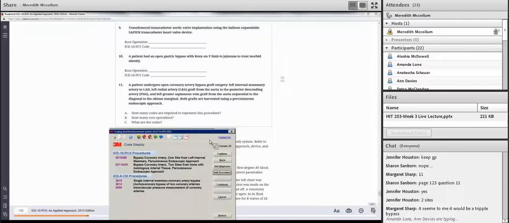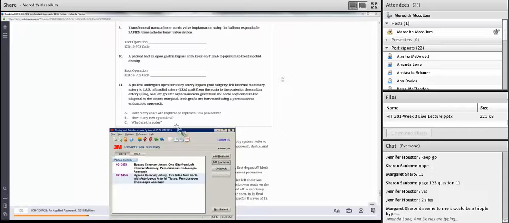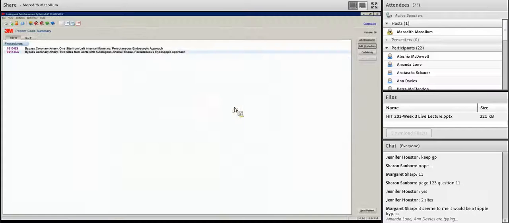Continue, okay. So, let me make this big again. You have bypass coronary artery, one site from the left internal mammary to the, which is percutaneous endoscopic. Then you have bypass coronary artery, two sites from the aorta with the arterial tissue. Does that help at all? I know I had to read it to make sense.